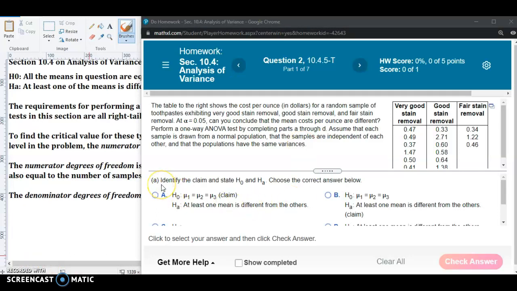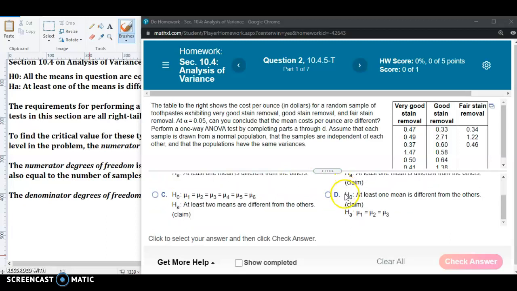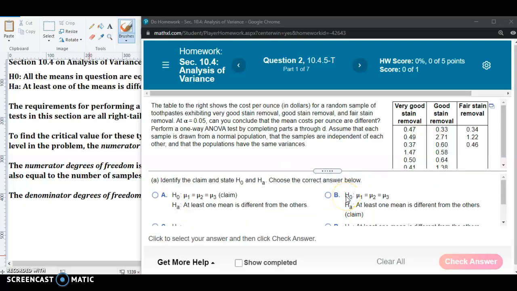Part A is asking us to identify the claim and state the null and alternative hypotheses, and then choose the correct answer. Again, the null hypothesis is that all the means in question are equal to each other. Each mean represents the mean cost per ounce for all toothpastes at the different levels of stain removal.